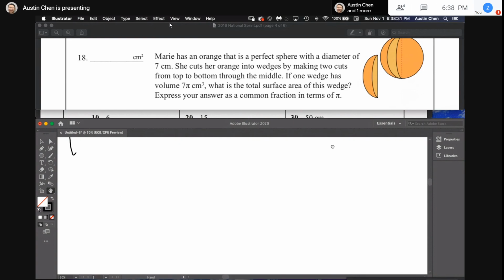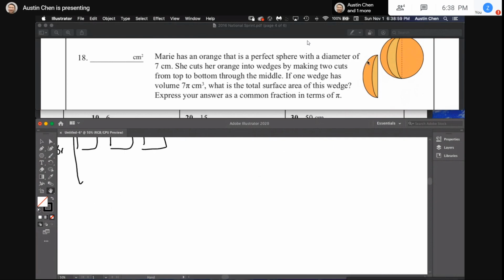All right, so what we can do with this is we have the volume of the wedge, right? And we have the volume of the sphere as well because we have the length of the sphere. So we can find the fraction the wedge is of the entire orange.